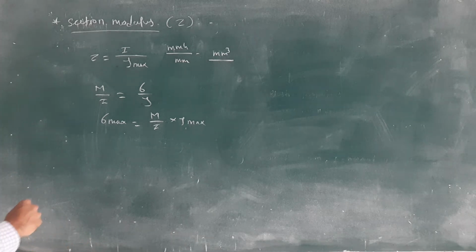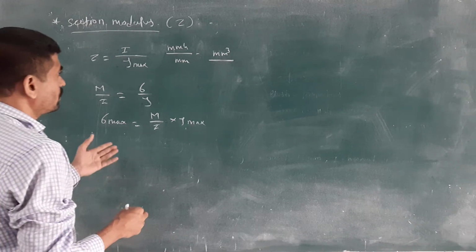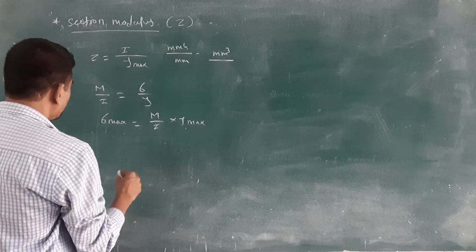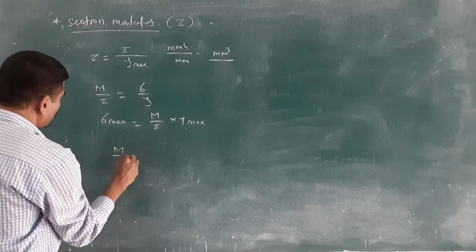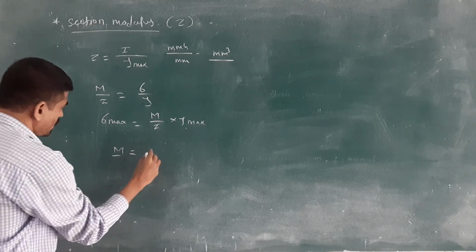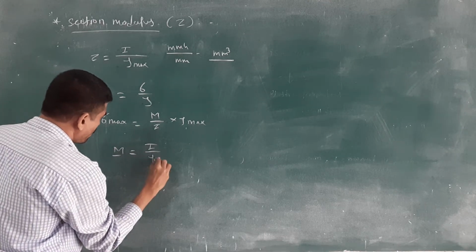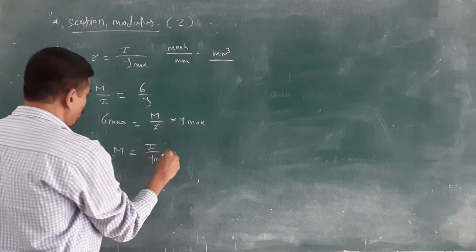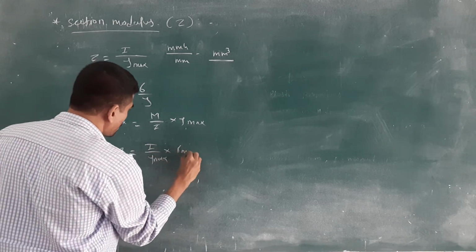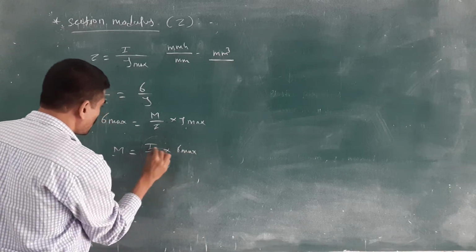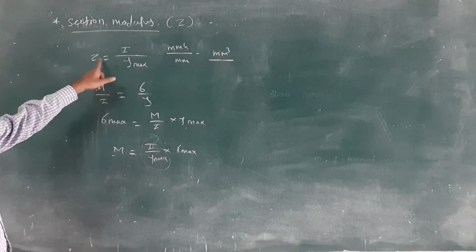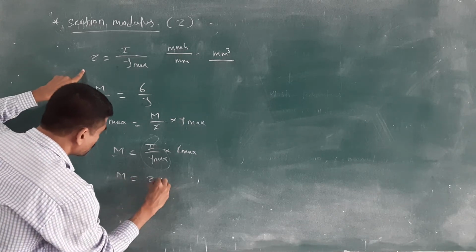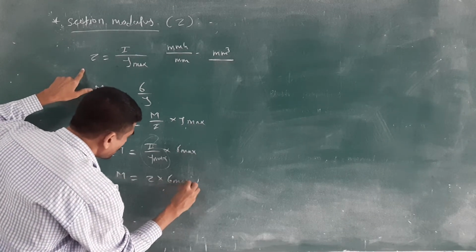Also we can write M is equal to I divided by Y max into sigma max. Again, what is I divided by Y max? As per the definition, that is Z. M is equal to Z into sigma max.